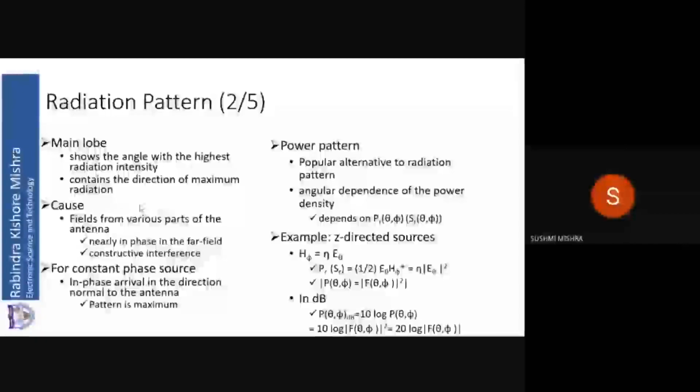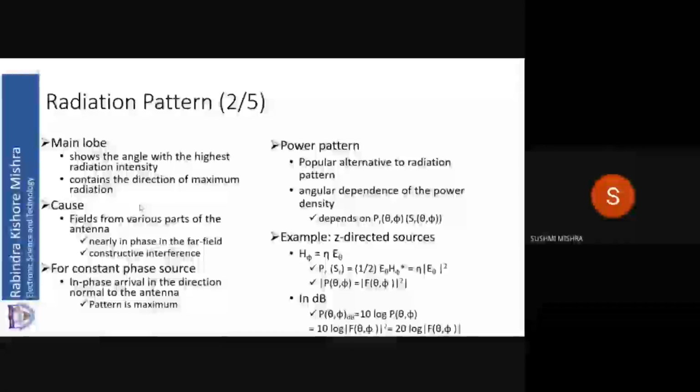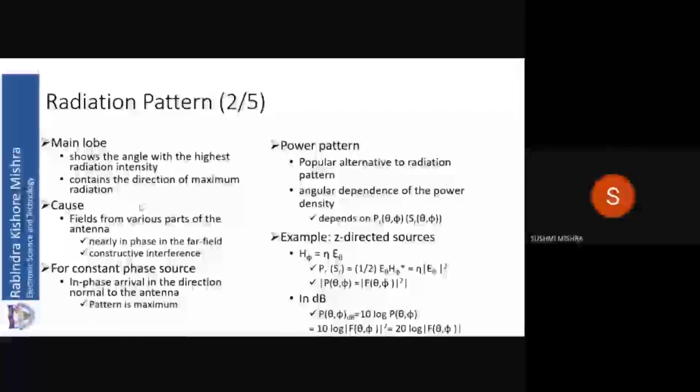Now let us see an example of a Z-directed source. A Z-directed source will radiate a plane wave. For the plane wave, you know H phi is equal to E theta by eta. Now when H phi is equal to E theta by eta, then E cross H star is equal to E theta cross H phi star.